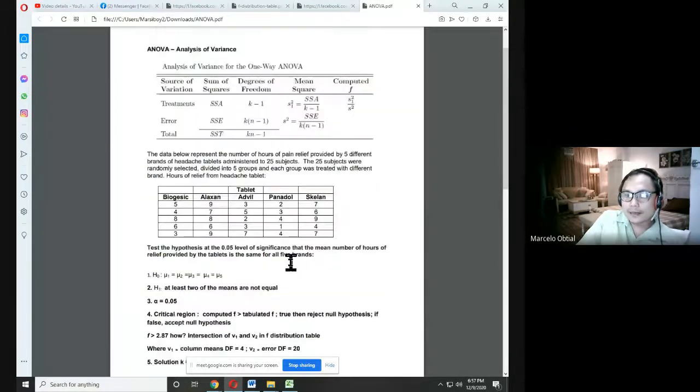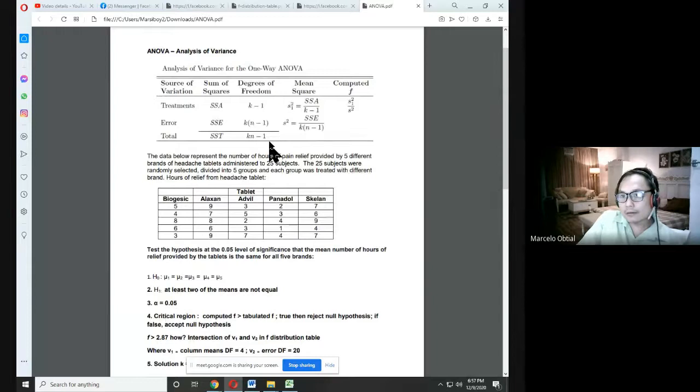Now, next, okay, yung v sub 2 natin, always talaga yung error yan, no? So, k is 5. Now, n is your sample size, no? Ilan ba yung sample per type? Okay? Or per k? 5, no? 1, 2, 3, 4, 5. You just need to substitute 5 here. So, 5 minus 1 will give you 4. 4 times k, which is 5, will give you 20.